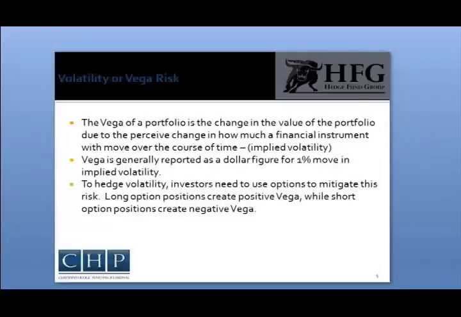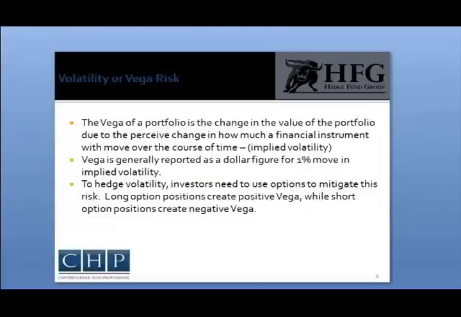The next order of risk is volatility or vega risk. The volatility or vega risk of a financial security is also known as implied volatility of a portfolio. The vega of a portfolio is the change in the value of a portfolio due to the perceived change in how much the financial instrument will move over the course of time.